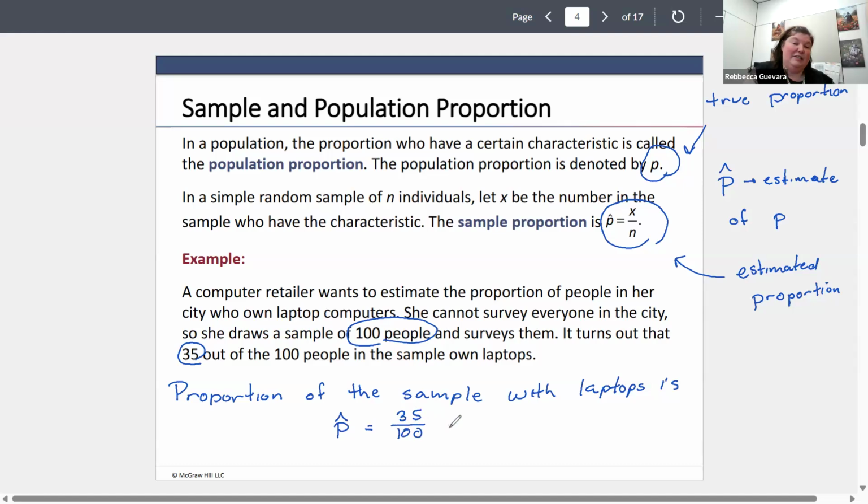Sometimes we leave it like this. We could simplify it: 35 over 100 simplifies to 7 over 20, or you could just say it's 0.35.